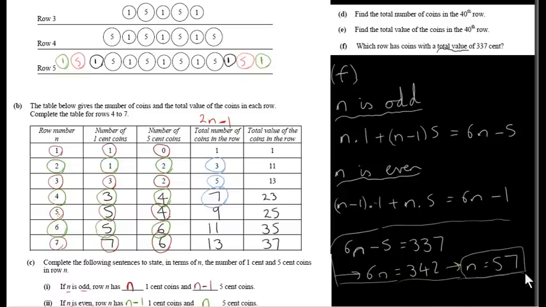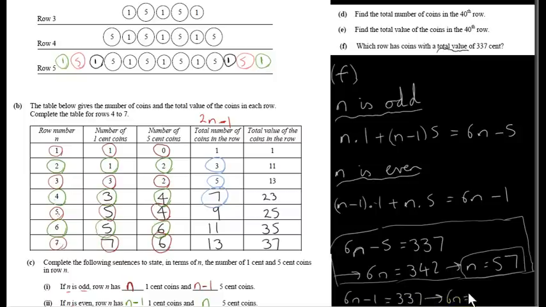To see that, let's suppose we don't know. It's just trial and error. We just have to try them out, really. Well, if n was even, we would be putting 6n minus 1 equal to 337, and if we try to solve this, we should find that we do not get an integer solution.